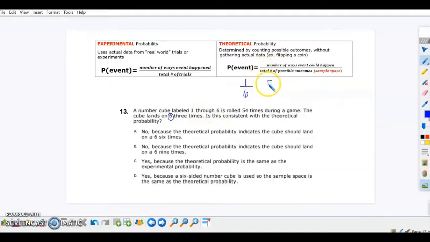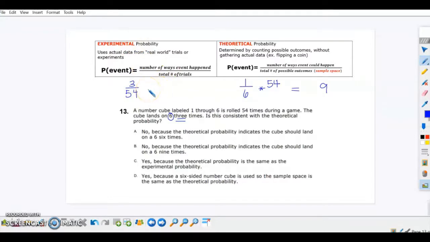And if we did that 54 times, that would tell us that you should roll a 6 9 times out of 54. But actually what happened was 3 out of 54 times was the experimental probability.